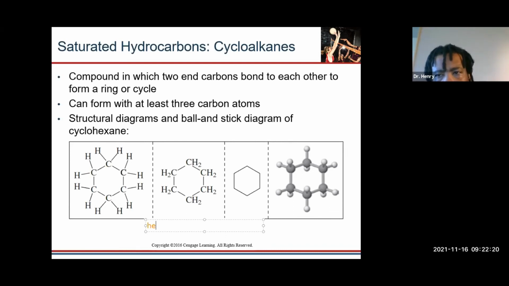You guys remember? Prefix for 6 is hexa. That's right. So it'll be hexane, but we put cyclo in front of it. So it'll be called cyclohexane. Okay. So this is also a saturated hydrocarbon because it has all of the hydrogens so that everything is a single bond.